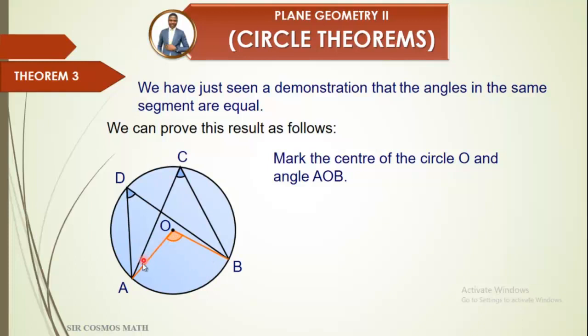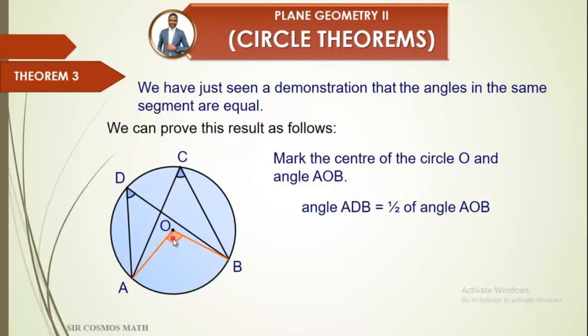Remember, the same chord has made an angle at C. So already the first theorem says that the angle a chord subtends at the center is twice the angle it makes at the circumference. So this angle and this angle is what I'm referring to.